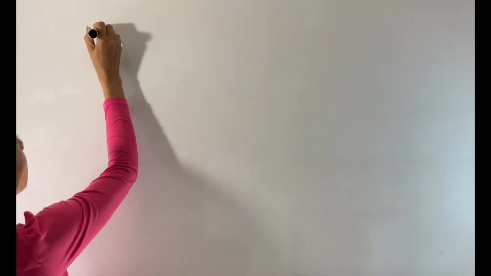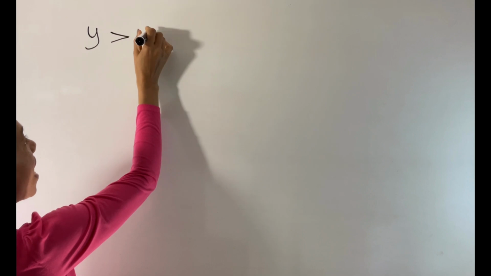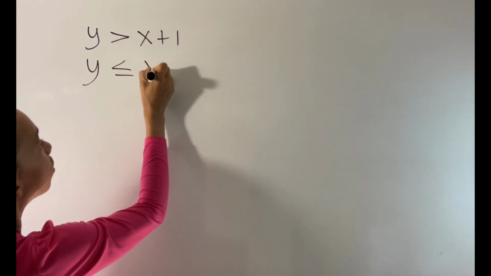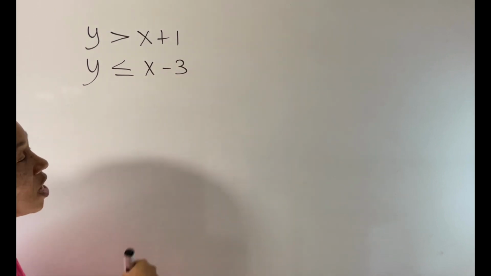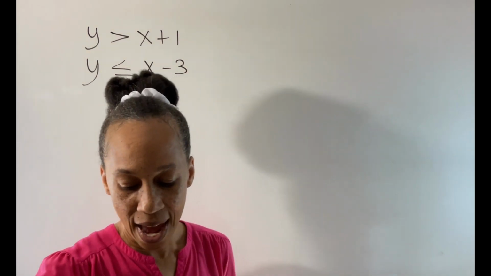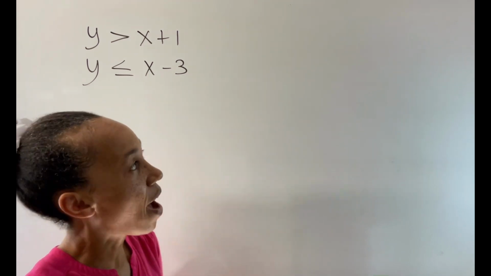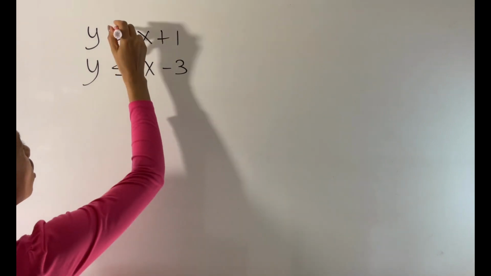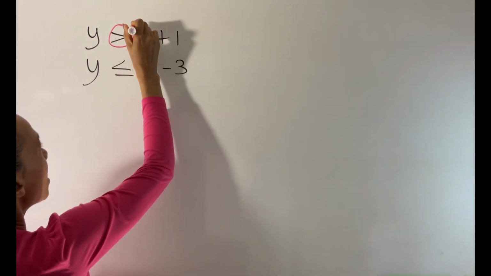The next system of linear inequality that I am going to graph for you is y is greater than x plus 1 and y is less than or equal to x minus 3. So I'm going to graph that for you now. Same thing as the first one, you have to look at your inequality symbol and you notice that this is greater than.